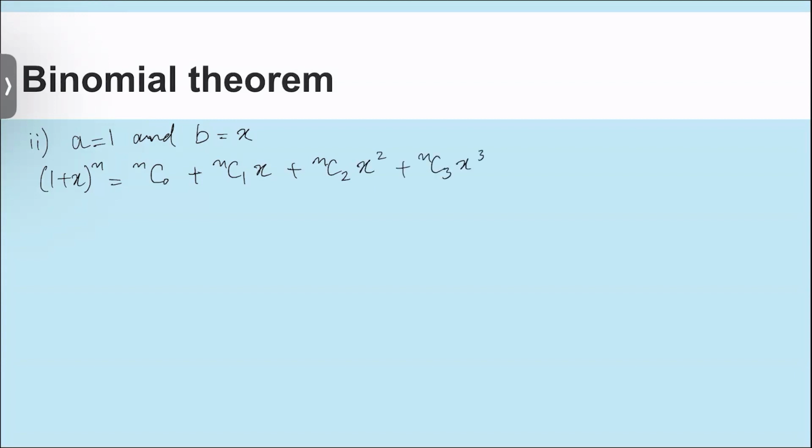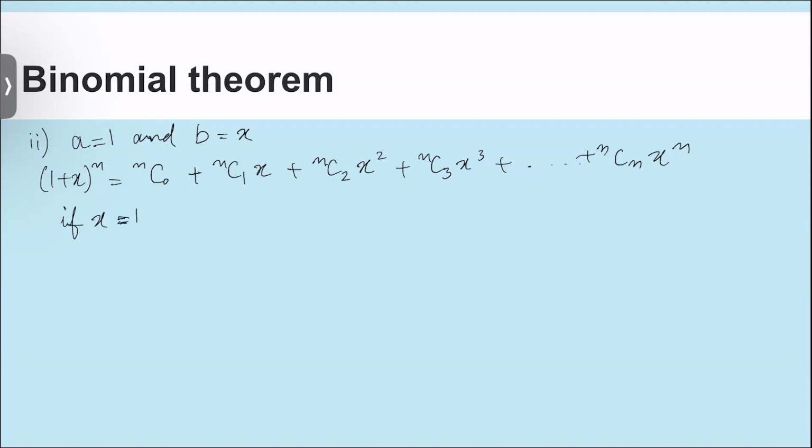Next one will be x cubed plus, and then you will have nCn x raised to n. Okay, so this is what we get for a case where we have 1 plus x raised to n. Now consider a value for x, if x is equals to 1.